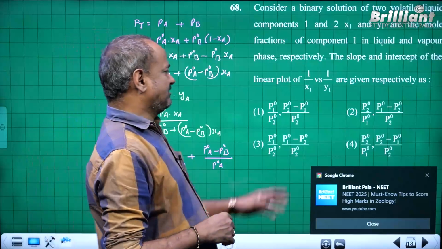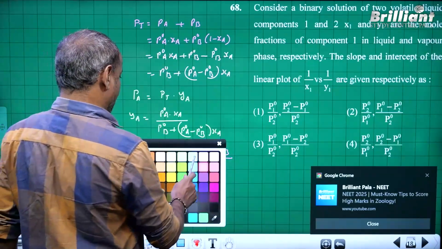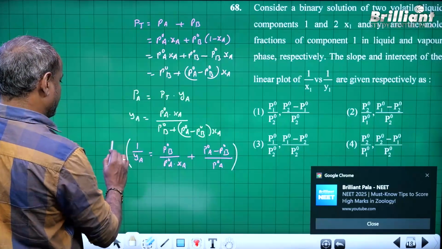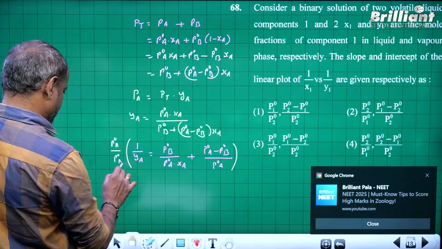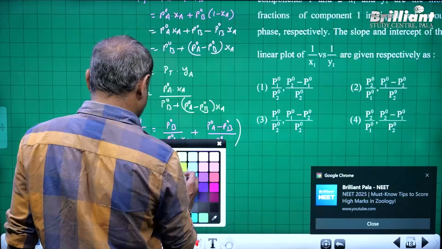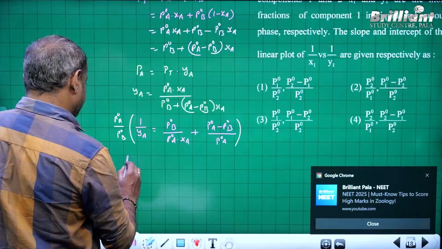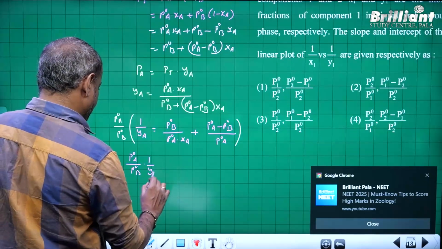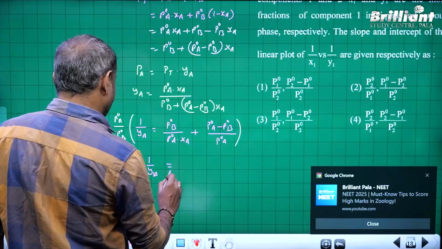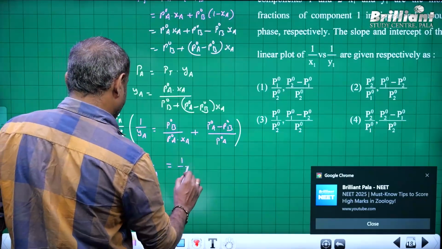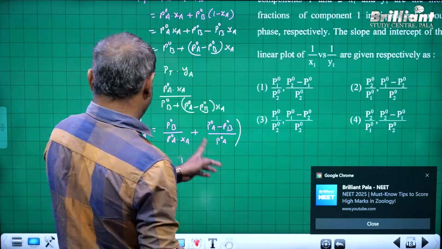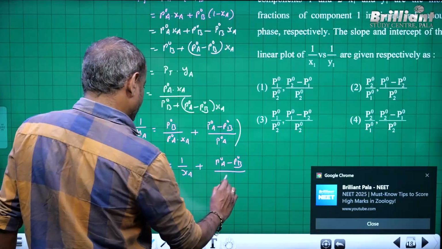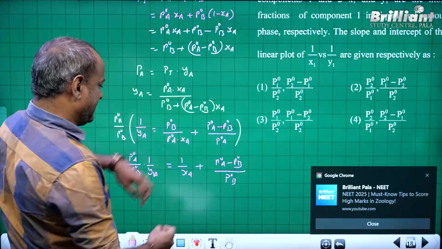But the question gives 1 by x1 versus 1 by y1. Multiply this formula with P naught A by P naught B. Then P naught A by P naught B into 1 by Ya is equal to 1 by XA, and this cancels, P naught A minus P naught B by P naught B. You can now take B minus A, this minus.